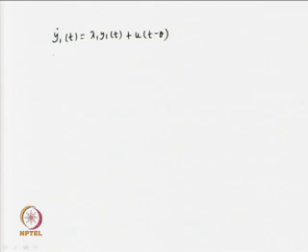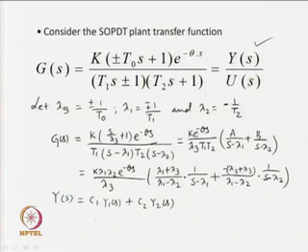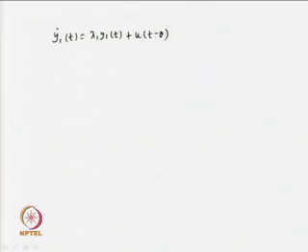Similarly, one more expression will come from the second output y 2(s), giving us y 2 dot t is equal to lambda 2 y 2 t plus u t minus theta.